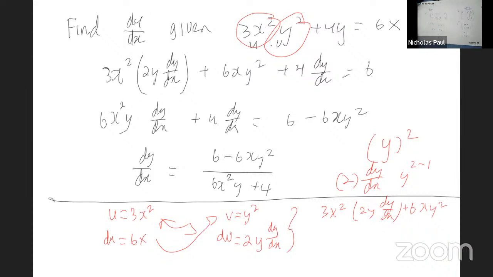Nice. Let's try the next one. Since you all don't like the product rule, I'm going to give you one with plenty of product rule here. 6x squared y plus 2x squared y squared is equal to 4xy.